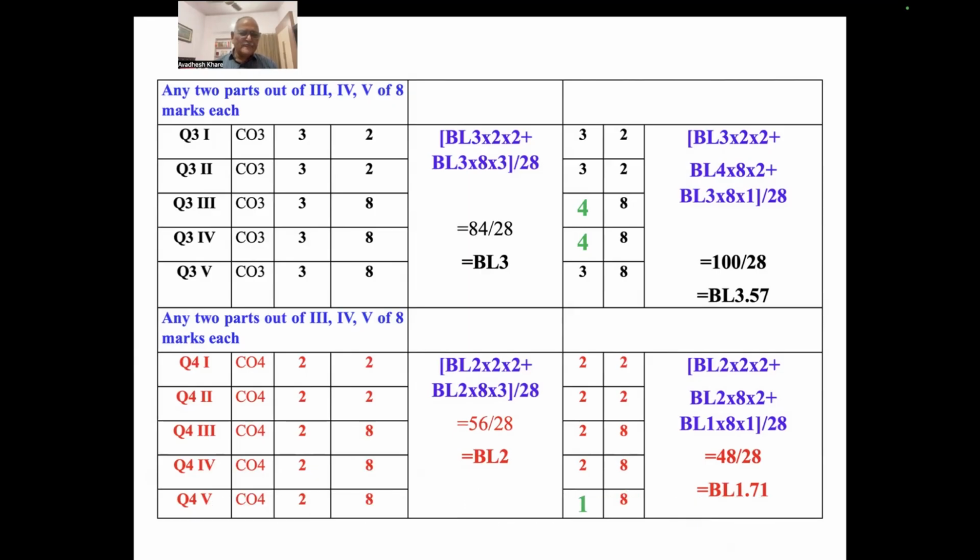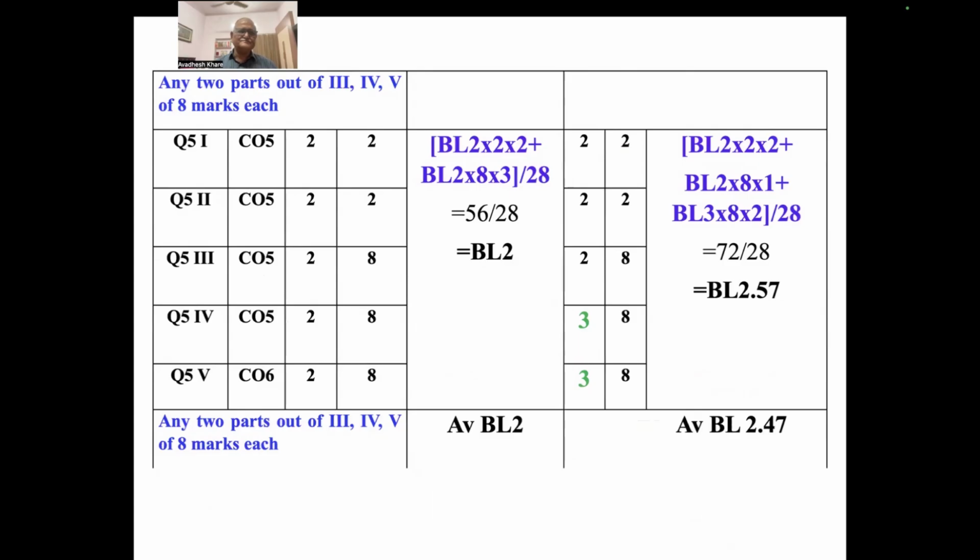Question number 4, the same 5 parts. The average BL level at which unit 4 has been taught is BL2. And if one part, 4.5, the fifth part, is made slightly easier, BL level 1 in place of BL level 2, then the average BL level of question number 4 will be slightly reduced from BL2 to BL 1.71.